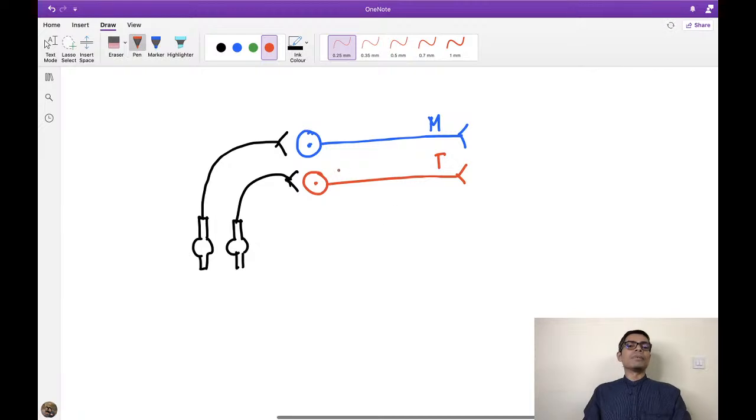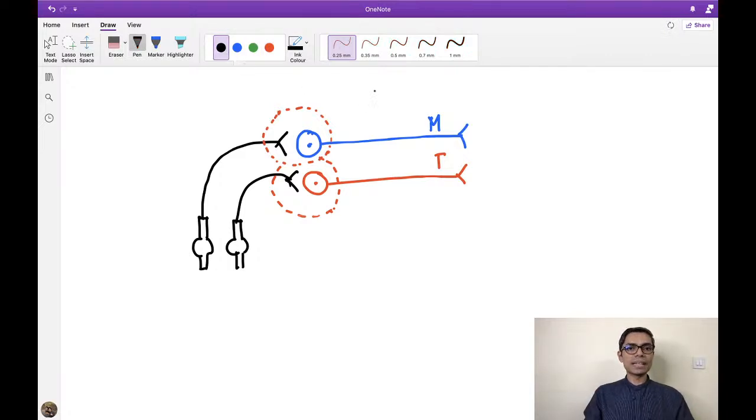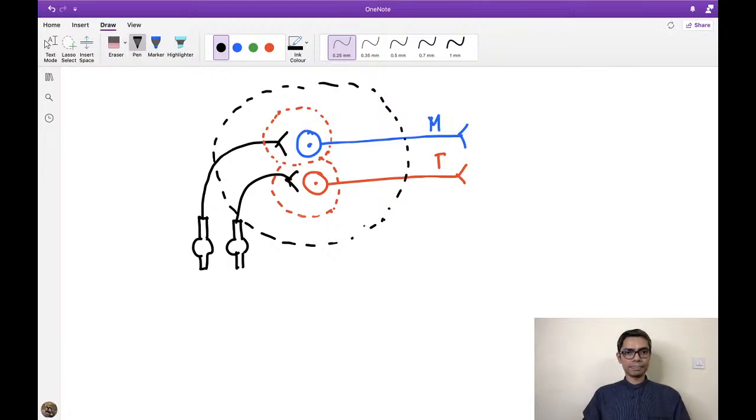The area where the first order and second order neurons make synapse is the olfactory glomerulus. This is one glomerulus, this is a second glomerulus, and around a thousand such glomeruli are present inside a single olfactory bulb.